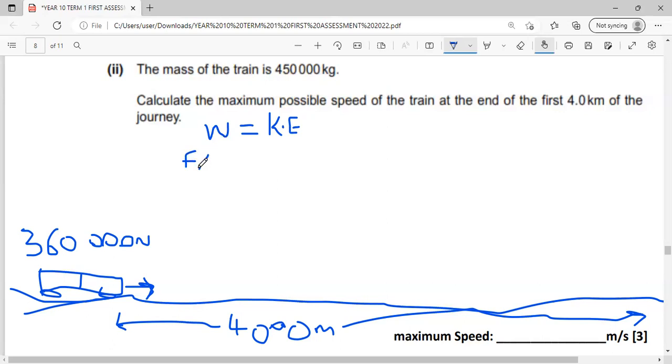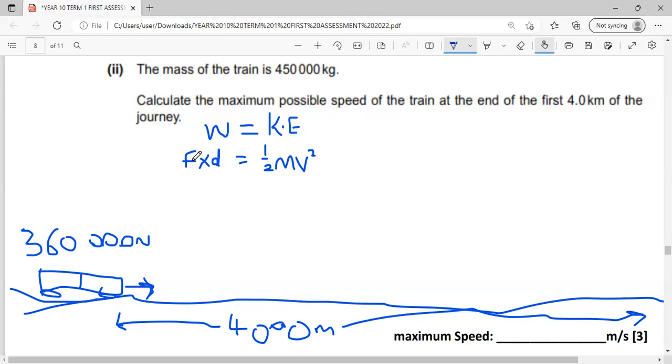Force multiplied by the distance moved in the direction of the force, which is 4 kilometers, must be equal to kinetic energy, which is half mv squared. This is also in line with the law of conservation of energy.